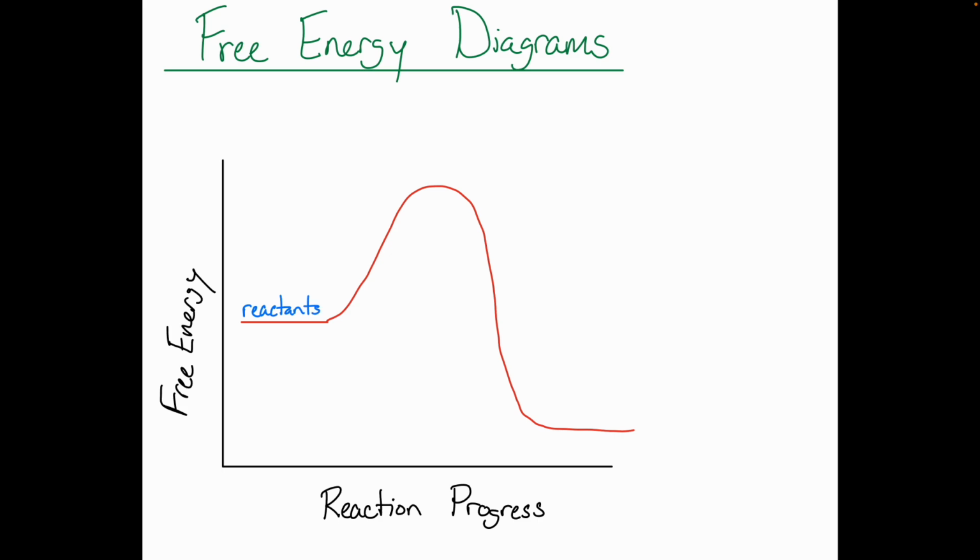Then as my reaction progresses, the energy increases before finally I get a release of energy as my products are forming their new bonds. So this is the energy level of my products.